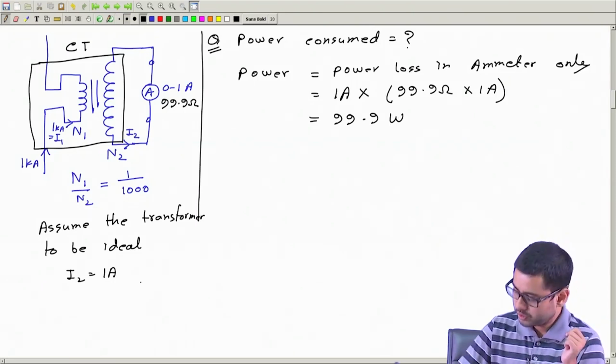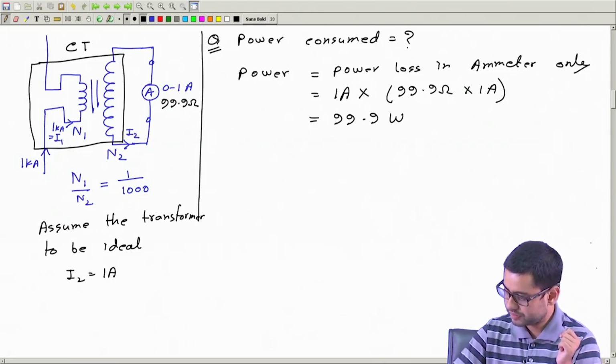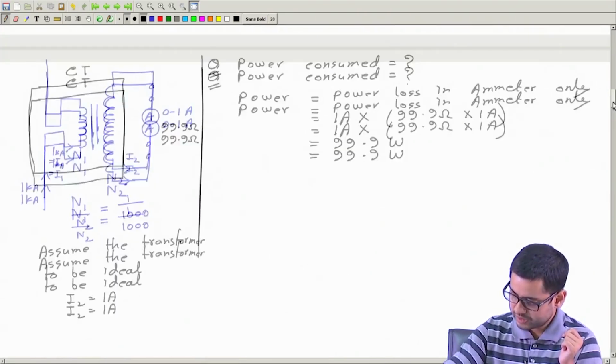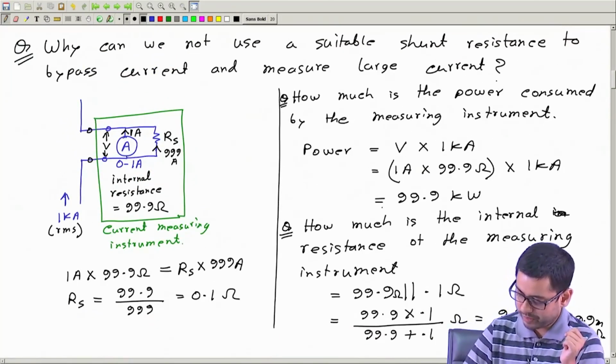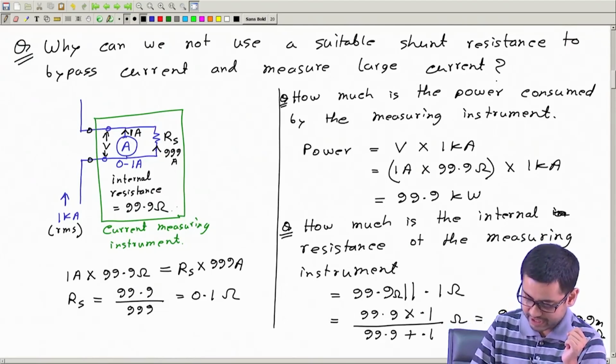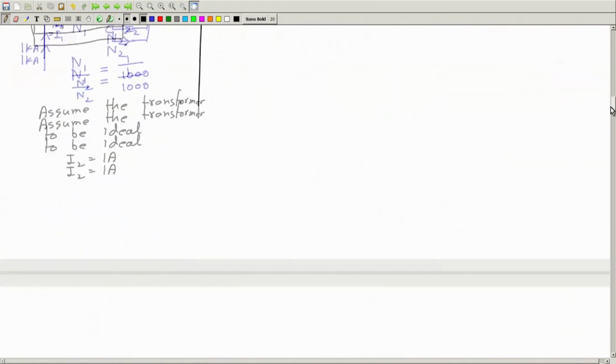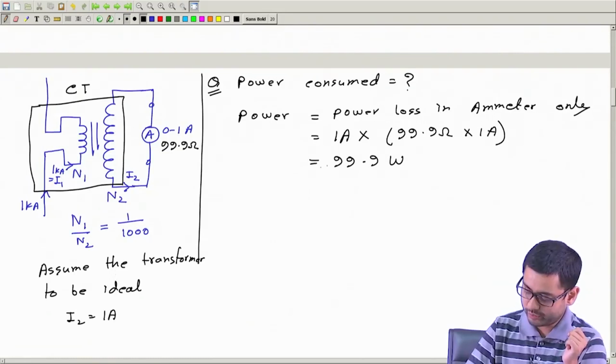Okay. So let's compare this with the power consumed by this arrangement, which was 99.9 kilowatt. Here it is only 99.9 watt.